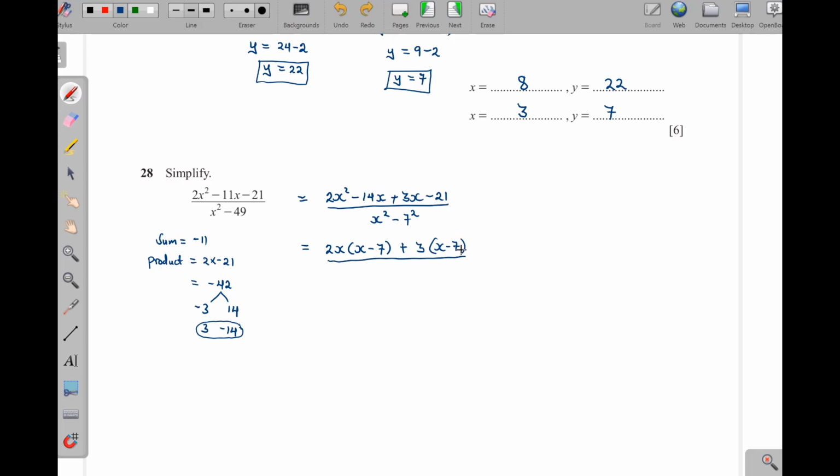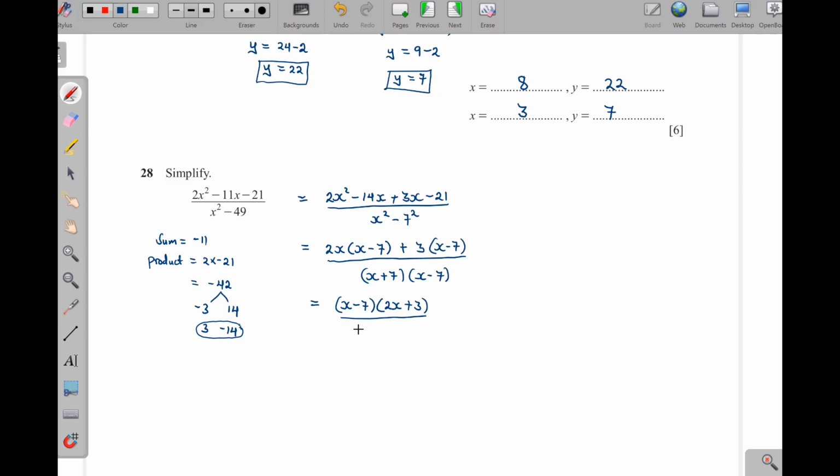And then down here, this one is going to be x plus 7, and then x minus 7, difference of two squares. Now here what is common is x minus what? 7. So I will have x minus 7, it is common. Then here I'm left with 2x. And then here I'm left with a plus 3.